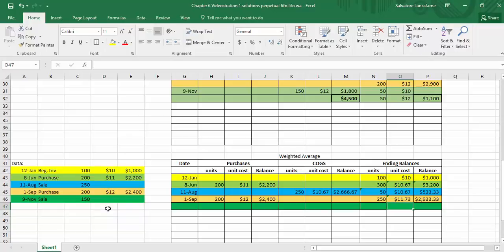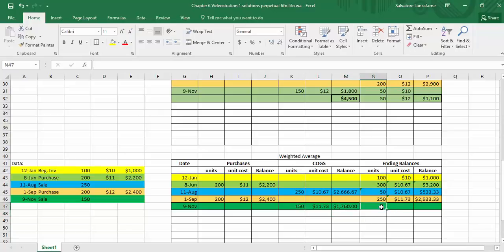Notice how the value of the inventory is increasing because it's costing us more to acquire the inventory. So again, we're in an inflationary scenario here, so not unusual for this to be happening. November 9th, we get to sell, and we're going to sell 150. We're selling them at that 11.73 figure. When we do this multiplication, 150 multiplied by 11.73, we get 1,760.